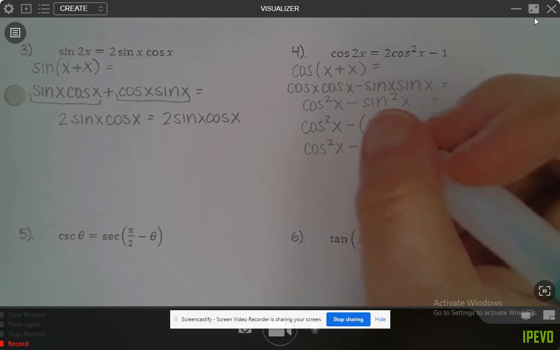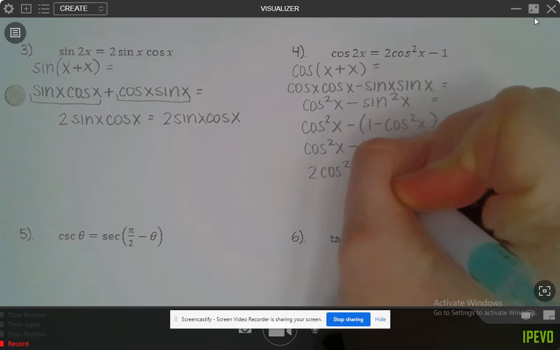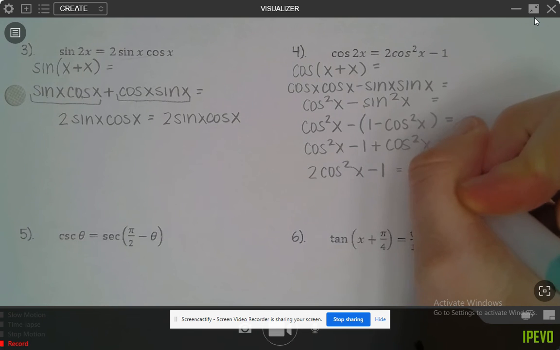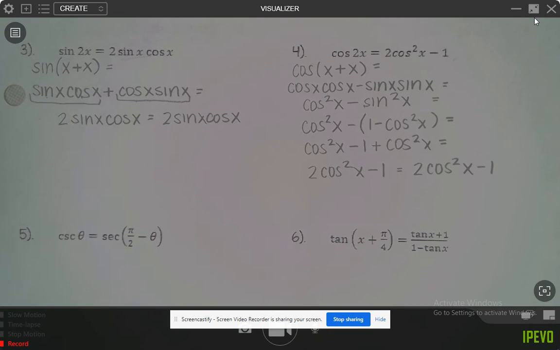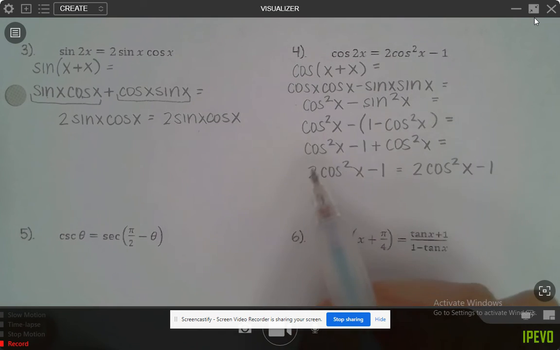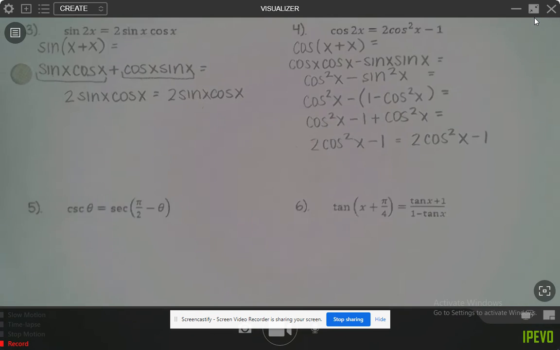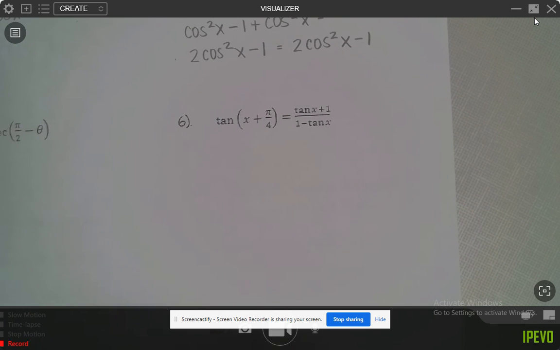You have 2, right? So I have 2 cosine squared of x minus 1. Is that what I want? That is. You guys just derived your double angle formula. There's a double angle for sine, and there's one of them for cosine. Here's another one. All right, I would like you to try number 6 for me, please. Pretty, please.